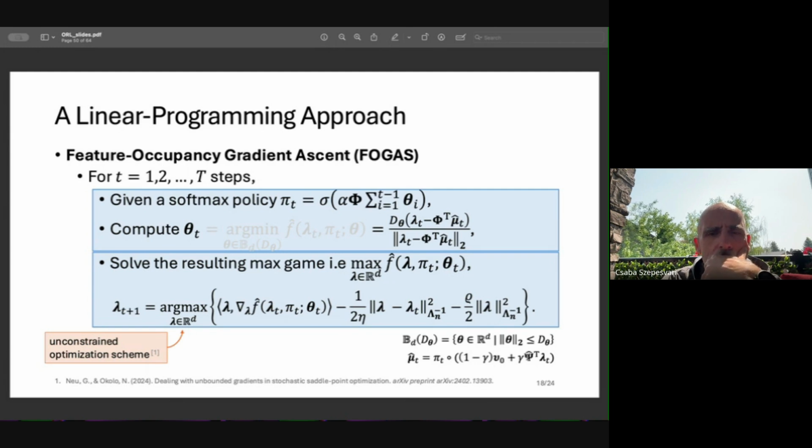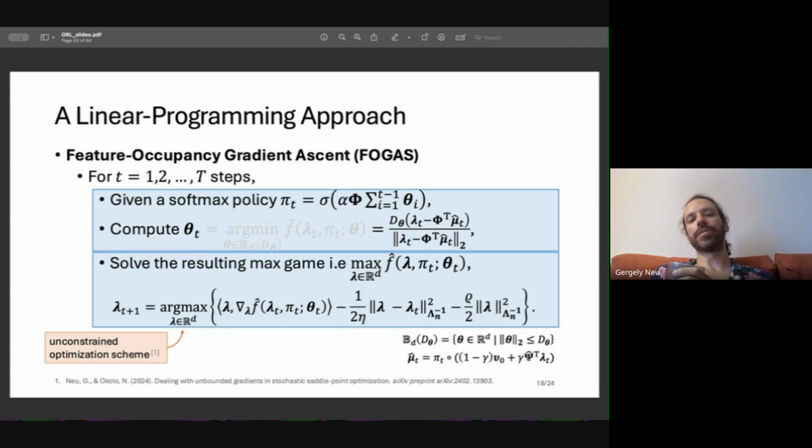Okay. Yeah, very interesting. The interpretation that I was pushing for, I don't think I ever managed to do that successfully, was that basically what happens here is that since theta is playing best response to lambda and pi, you can really think of this as just gradient descent or gradient ascent on the primal function. So you have the Lagrangian, right?